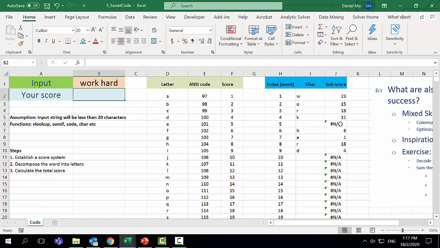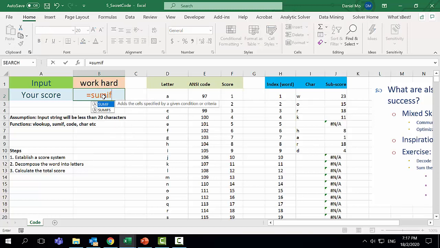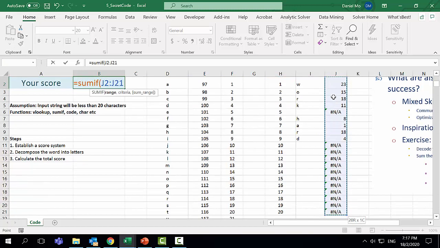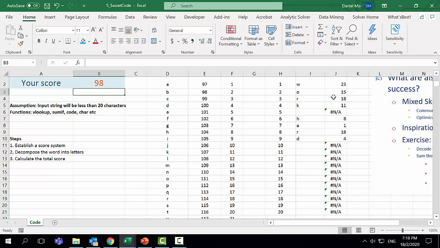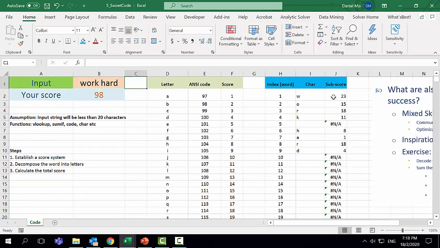Since there are some low values, we cannot directly use SUM. Therefore, we will use SUMIF on that corresponding column, and if it is larger than 0, we take the value. It is complete.